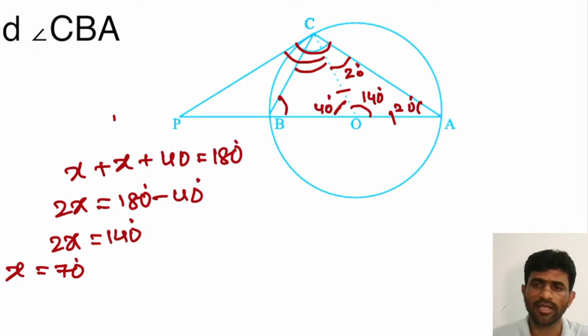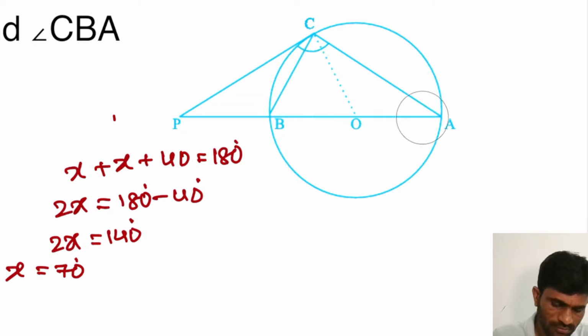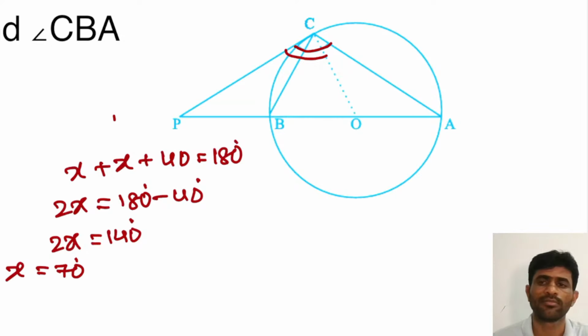Did you understand? I will repeat again quickly. They have given this total 110 and we know this is 90. Total from here to here is 110 and this is 90.